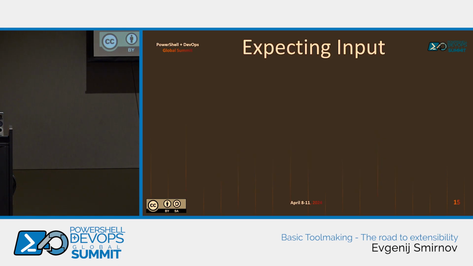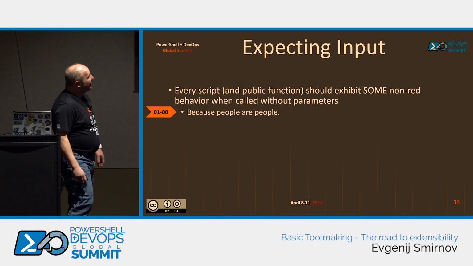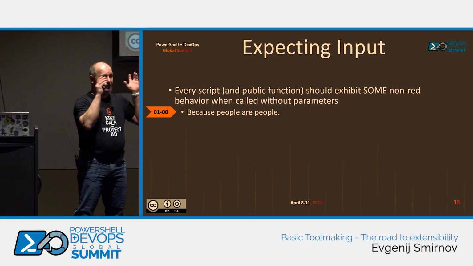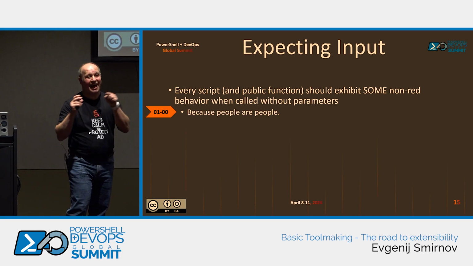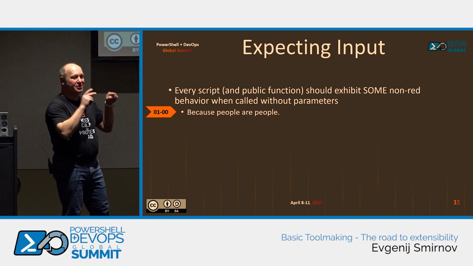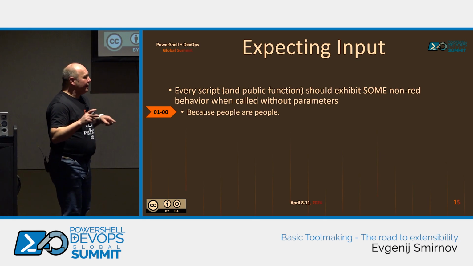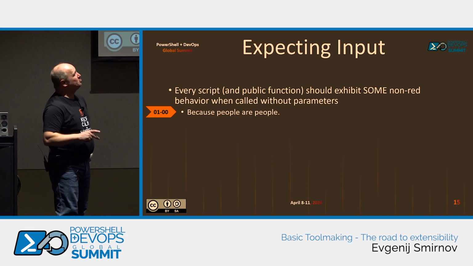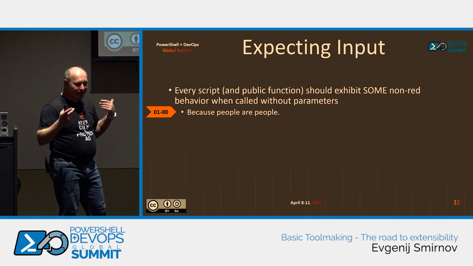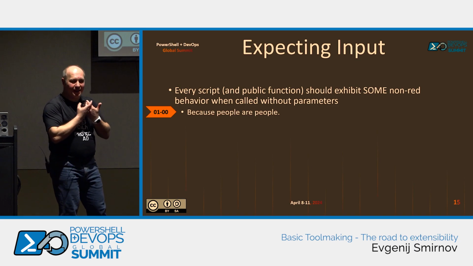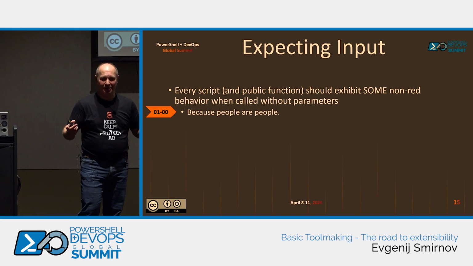Let's look at the input part. And this is one of the hills I'm prepared to die on. Every script, every item that is executed by an end user, by an unprepared end user who did not read the manual, must provide some behavior other than throwing an error, obviously, when run without any parameters whatsoever.